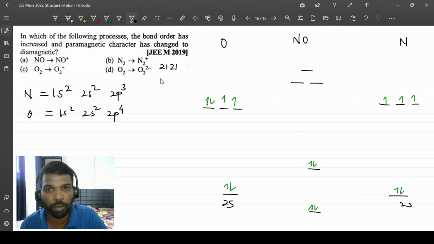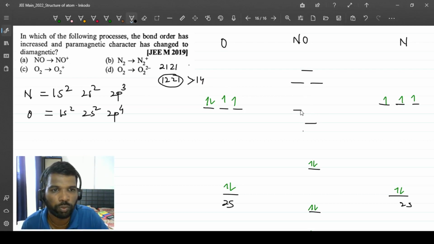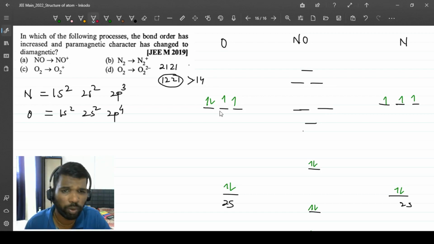And when it is more than 14, then it is 1, 2, 2, 1. You can remember this pattern this way. This is a more than 14 electron system. So this is 1, 2, 2, 1. I'll go into more detail of this.